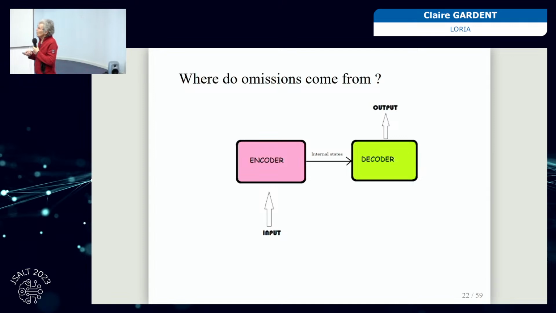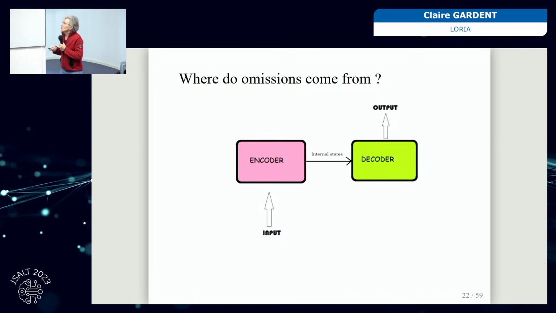So in our case, the graph is the input, and it's mapped to a vector of real numbers. So you first create the representation of the input using the encoder, and then you decode from that representation to generate the output text. And so our hypothesis was that the encoder was mainly responsible or plays a big part in omission.